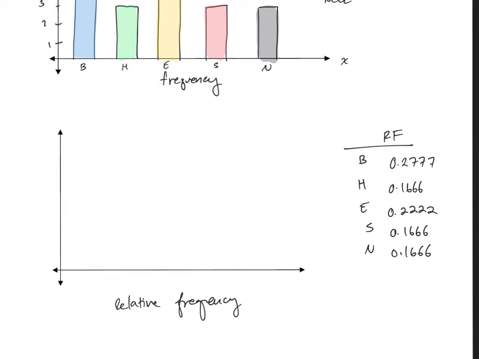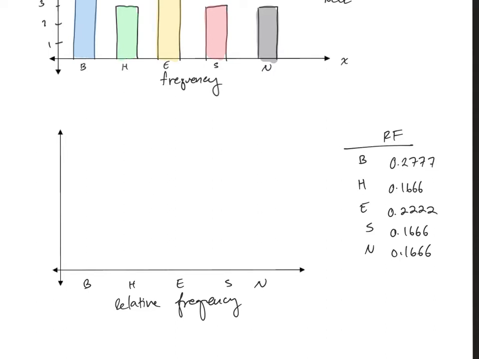I'll go ahead and label once again. B-H-E-S-N. But now we're labeling it using this data. So let's see. None of these even go up to 1. The closest we might get to would be maybe 0.30. It would be the highest value I could think of.